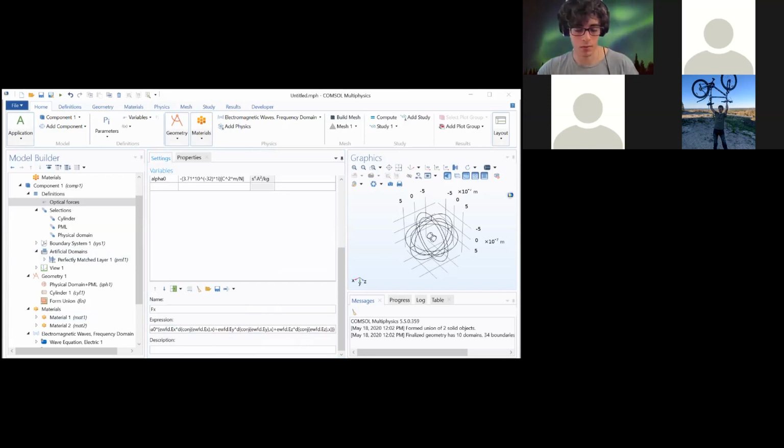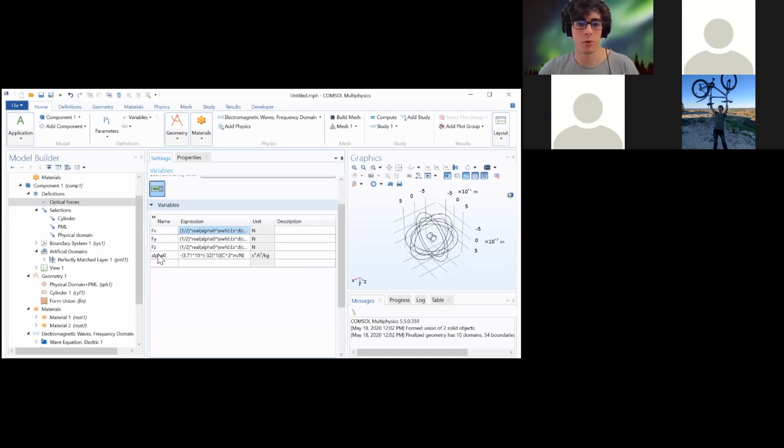So basically the expression for the forces has the gradient of the electric field times the dipole moment. So it's the gradient of the electric field, which means that it's a tensor. This is why maybe it's a little confusing. In any case, these are the expressions. I will send you the analytical formula and the expressions later. So I defined the 3 components and alpha 0, which is the polarizability.